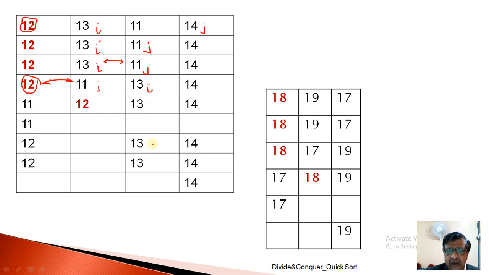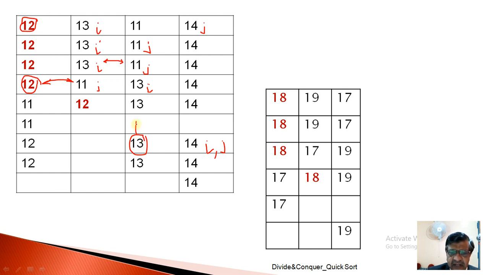Now we will take up this particular portion of the subarray, and this will form the pivotal element. This is i, and this is also j, because there is only one element. So i cannot move further, it has to stand here only. J can move further in the leftward direction because this 14 is greater than this 13.